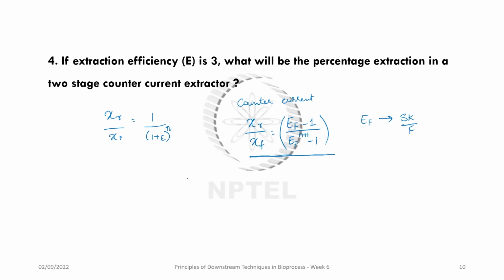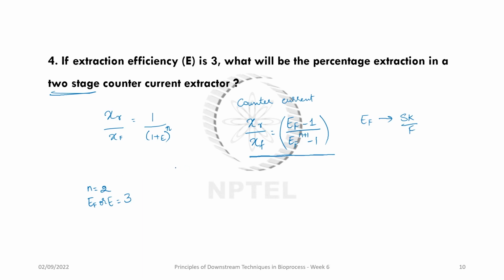Guys, did you go through the lectures? You should be able to substitute this, right? Remember that it's a two-stage countercurrent extractor. So what does that tell you? N is equal to 2. And they have already given you EF, or E is equal to 3.